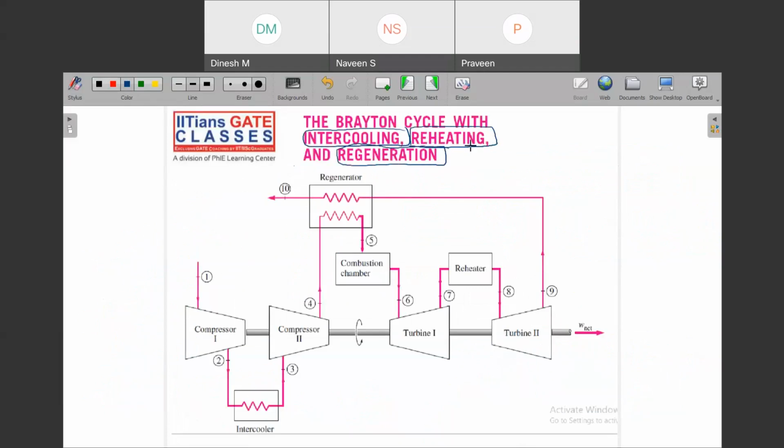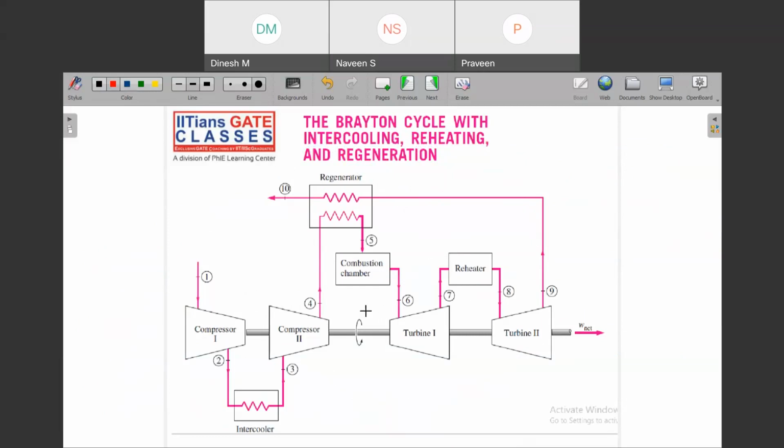So regeneration we have seen, right? So let us now see what is intercooling and reheating. I have included a couple of diagrams, so I can teach you all things simultaneously, but you can understand it separately also. So let me show you how.